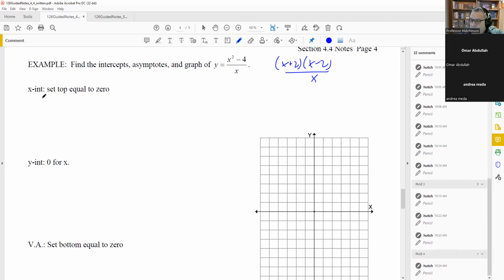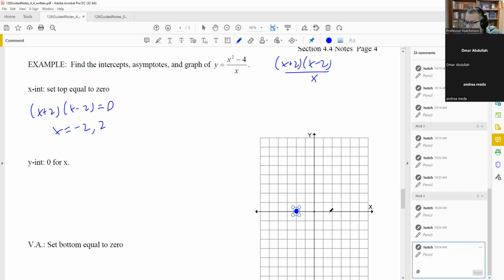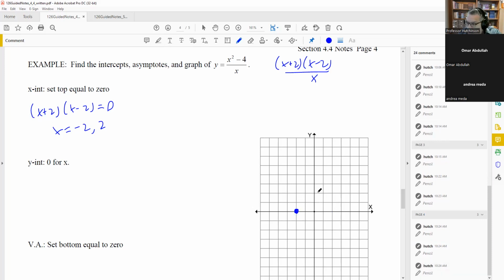Now we're going to do x-intercepts: set the top equal to 0. So x plus 2, x minus 2 equals 0, so x is equal to -2 and 2. This time, these are not asymptotes; these are actual points on the line, where it crosses the x-axis.